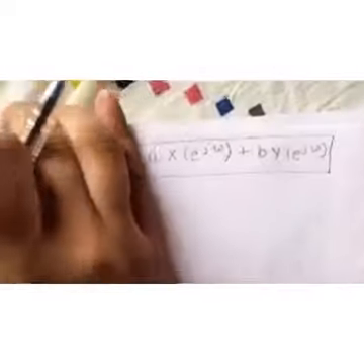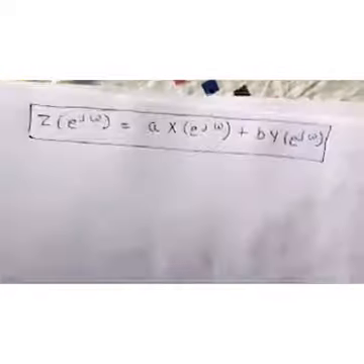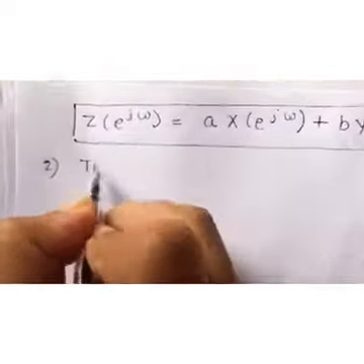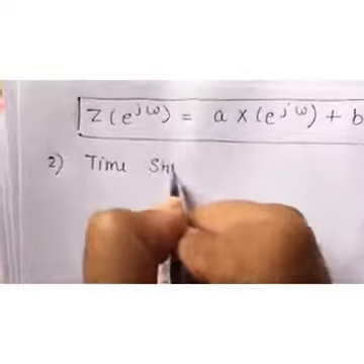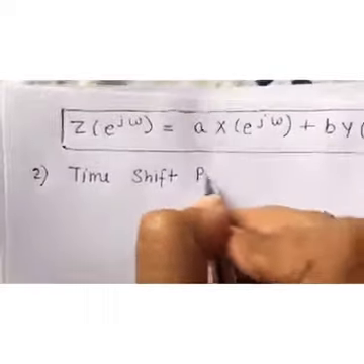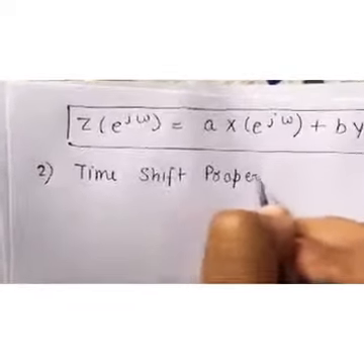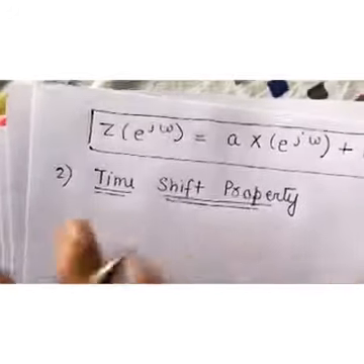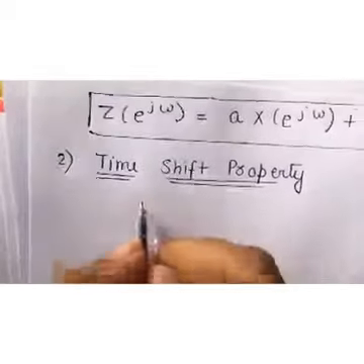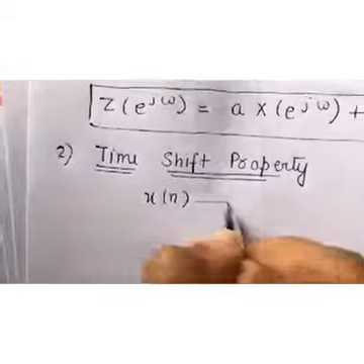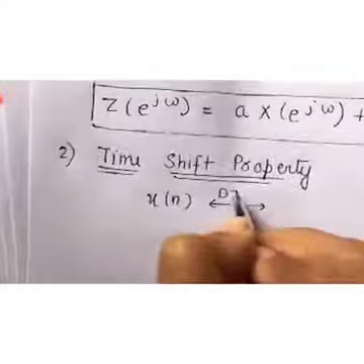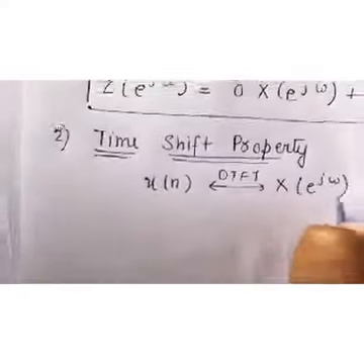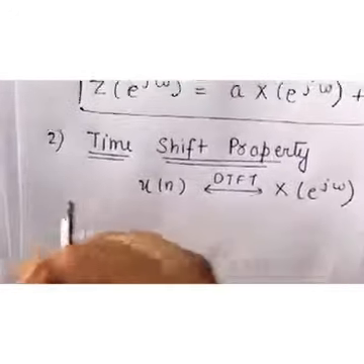So the second property is time shift property. We know that x of n forms a DTFT pair with X of e^j omega.